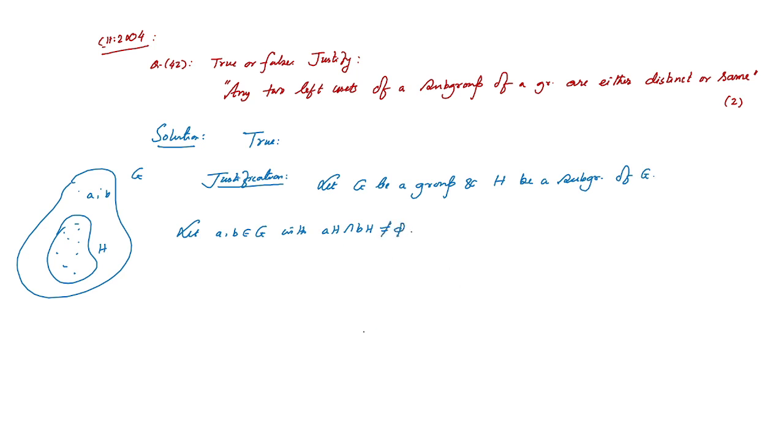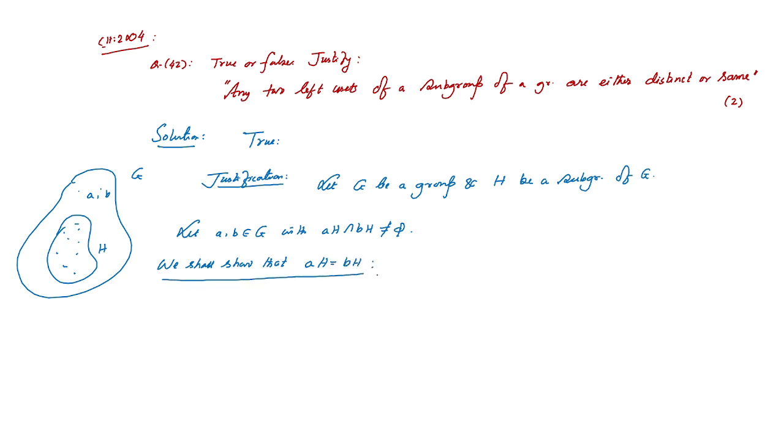So that means they have a common element, and from that we shall show that if they have one common element, that means they are not disjoint. So in that case, they are basically the same.